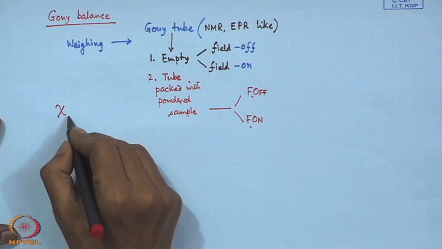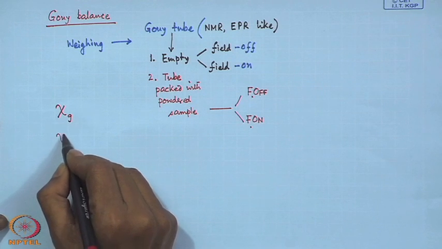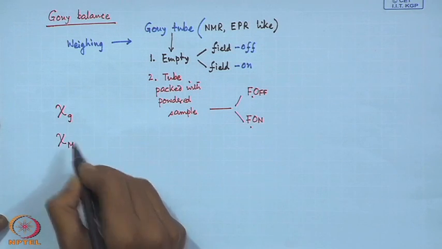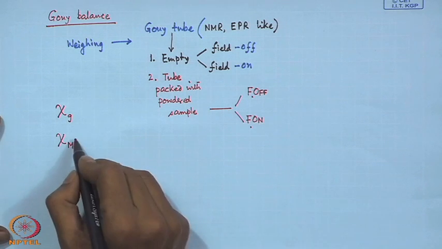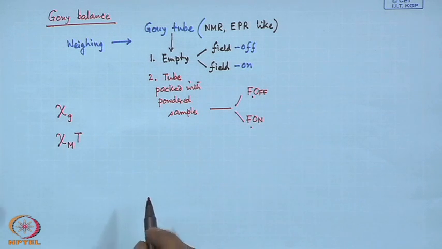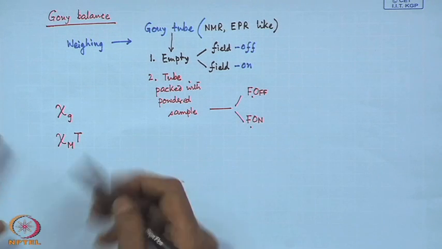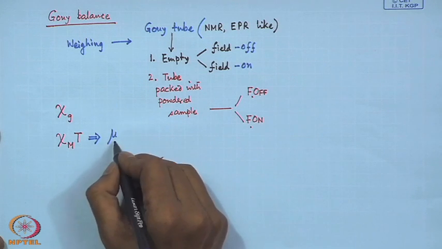We can calculate the corresponding gram susceptibility, then multiply it with the molecular weight of the compound, giving rise to the corresponding molar susceptibility, and when we multiply it with the temperature of the measurement, this particular product, that means chi-mT, can be used for the calculation of the corresponding magnetic moment.